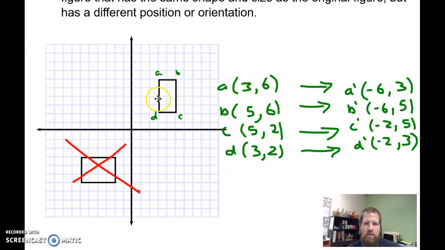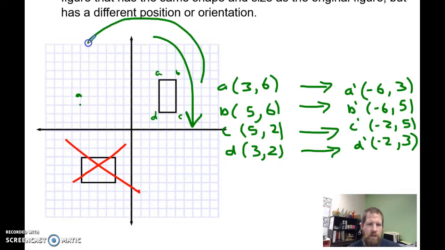This is my original rectangle. If A starts at 3, 6 and it goes to negative 6, 3, well, what kind of rotation is that? Clockwise would be going this way, so this has to be a counterclockwise rotation by 90 degrees.